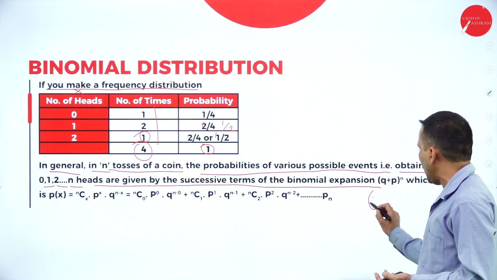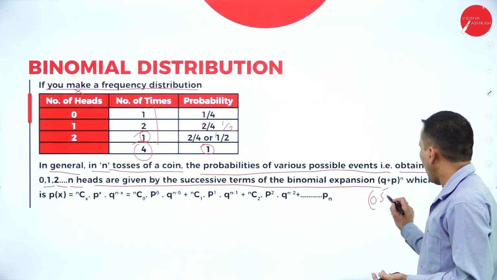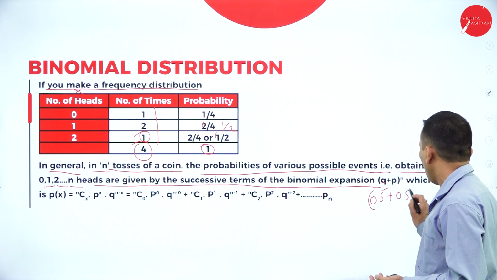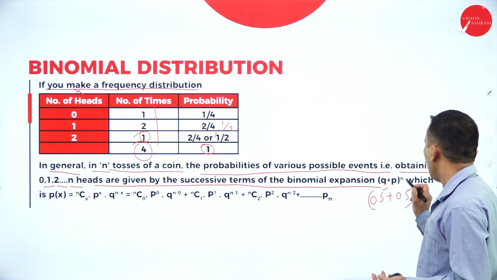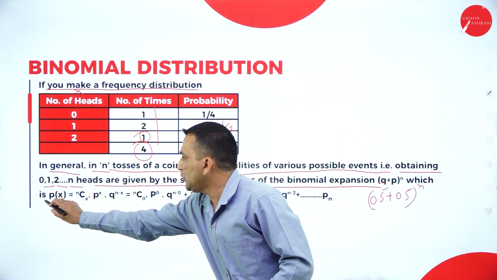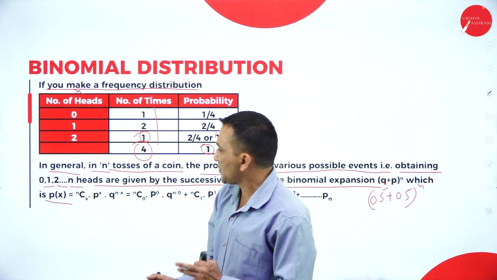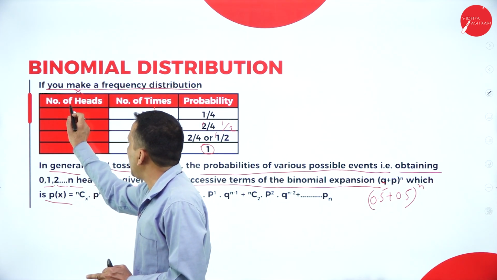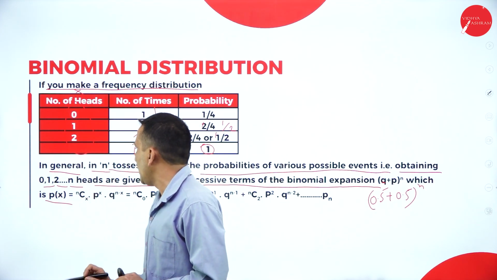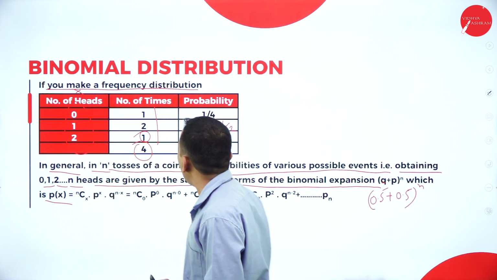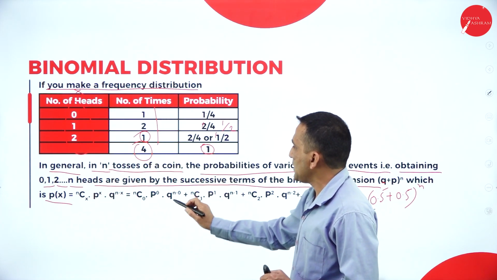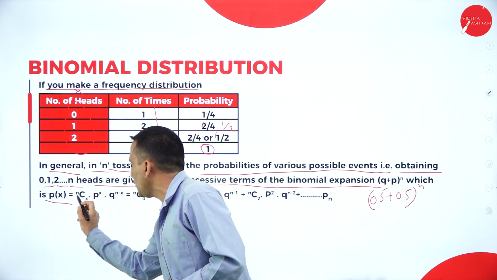For example, 0.5 failure and 0.5 success. When you write this in the probability mass function P(x), because we need to select the x series values, the formula is nCx.